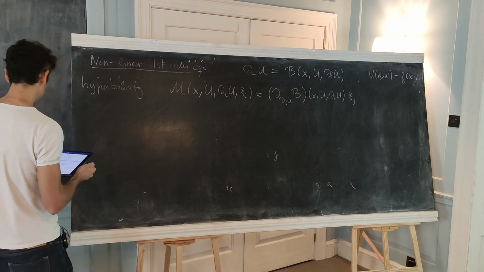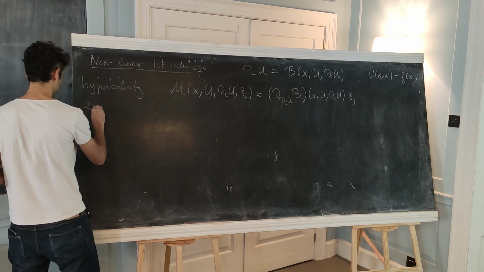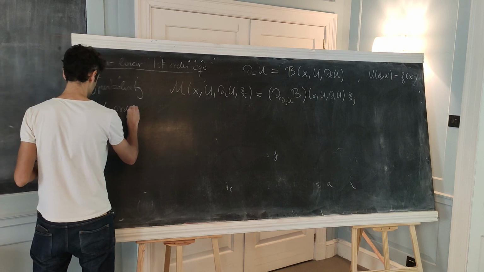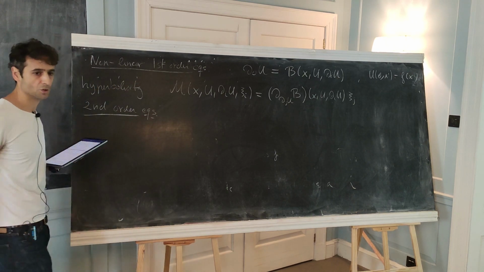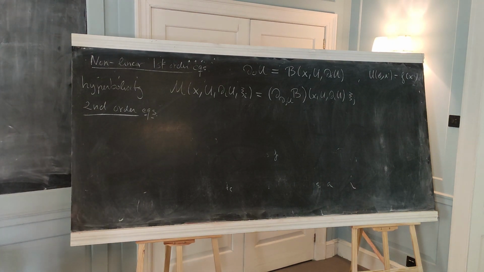So let's look at now second order equations. The general strategy to prove hyperbolicity of second order equations is to basically reduce it to a first order equation. And then we know what conditions we need to impose on the principal part of a first order equation so that it's strongly hyperbolic.